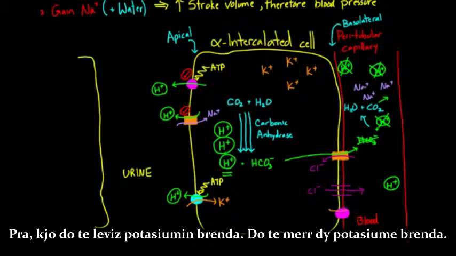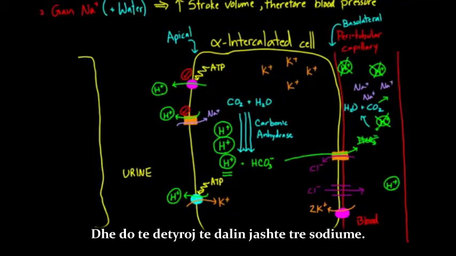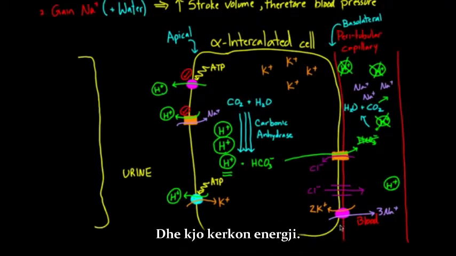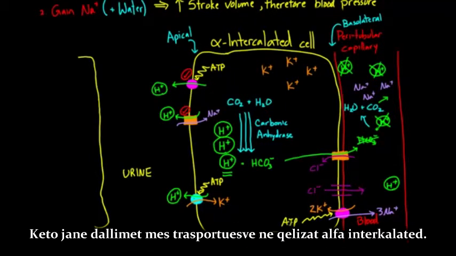So it's going to take 2 potassiums in, and it's going to force 3 sodiums out, right? And that, again, takes energy. So these are the different transporters in the alpha intercalated cell.